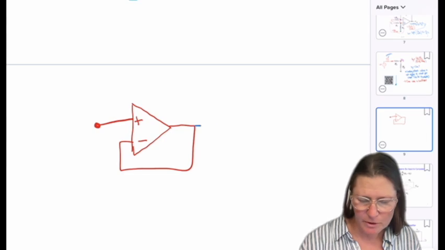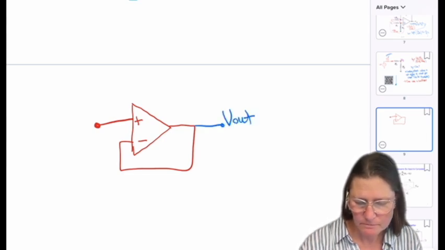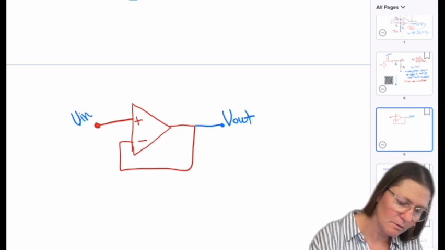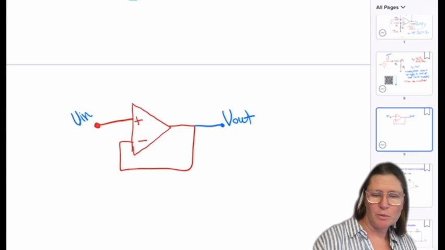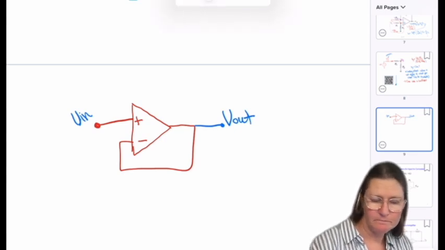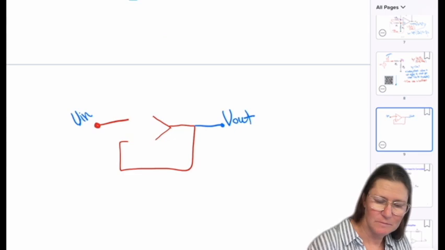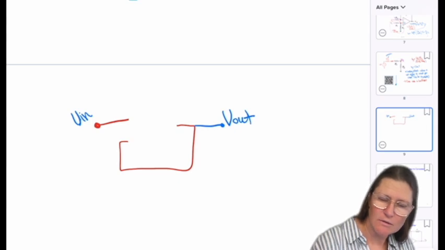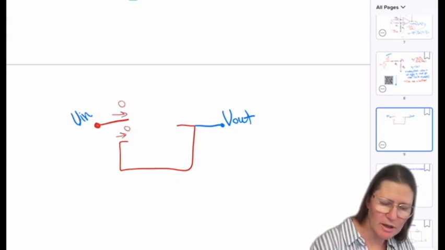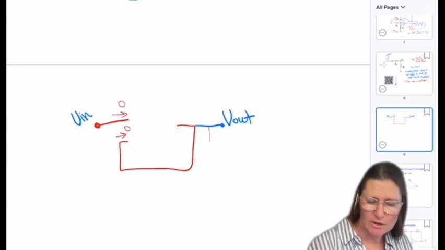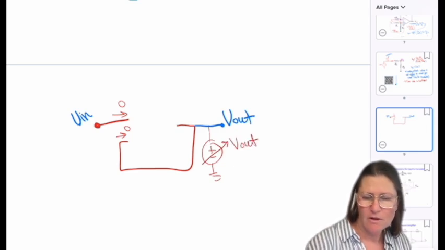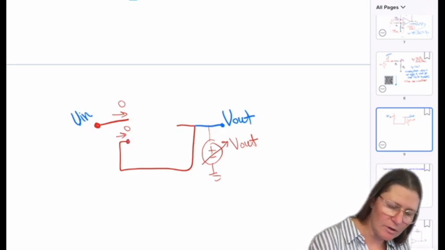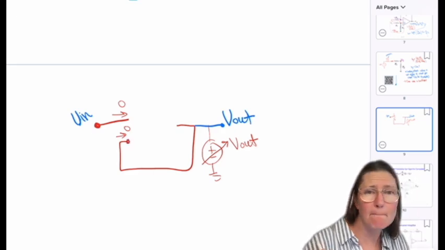So looking at this buffer, if we do what we did before, remove the buffer, and we have 0 going in here, 0 going in there, and we put a source here of value V out, then this node is going to equal what?